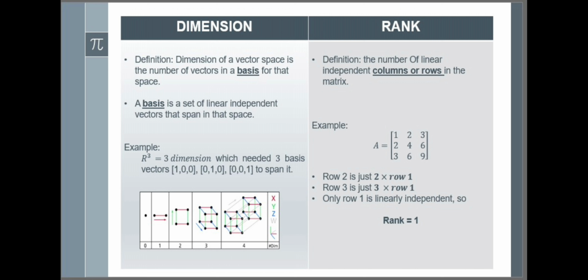So the rank of this matrix is 1. The same goes for row 3: 3 times row 1. 3 times 1 is 3, 3 times 2 is 6, and 3 times 3 is 9. If you observe, row 2 and row 3 are dependent on row 1. So row 1 is independent, so the rank is only 1.